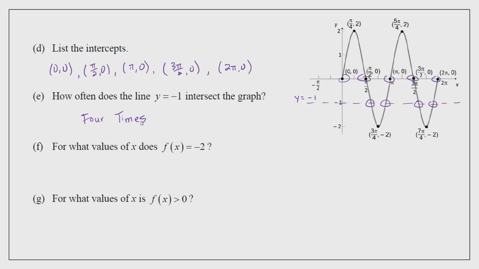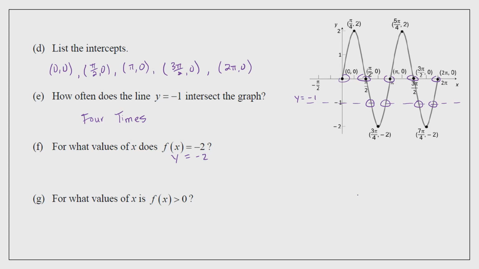F. For what value of x does f of x equal -2? Okay, so what we're saying with this problem is that we're trying to find an x coordinate, because it said what value of x. Does f of x equal -2? Well, f of x is the function notation for y. So this is the same thing as y equals -2. So this question rephrased is saying, what is the x coordinate whose y coordinate is -2?